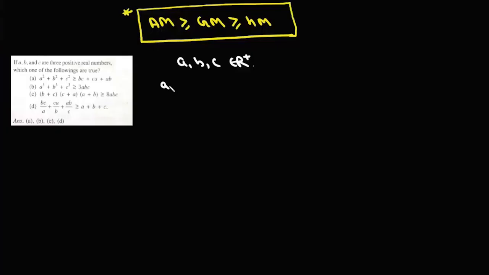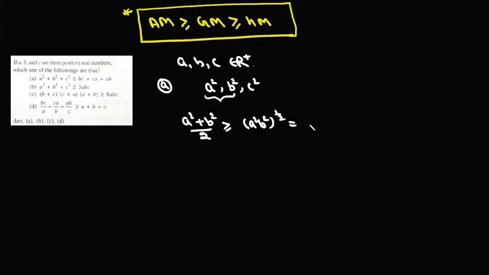For this first one, we'll take three numbers as A square, B square and C square, and write their arithmetic geometric mean inequality taking two at a time. So if we take A square and B square, we can write A square plus B square by 2 is greater than or equal to A square B square to the power 1 by 2, which is simply AB.